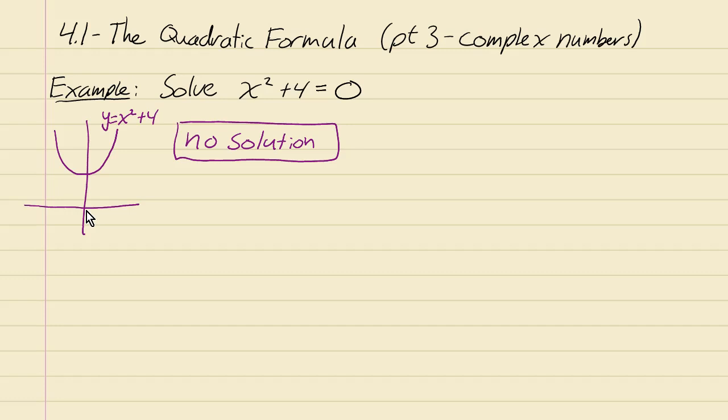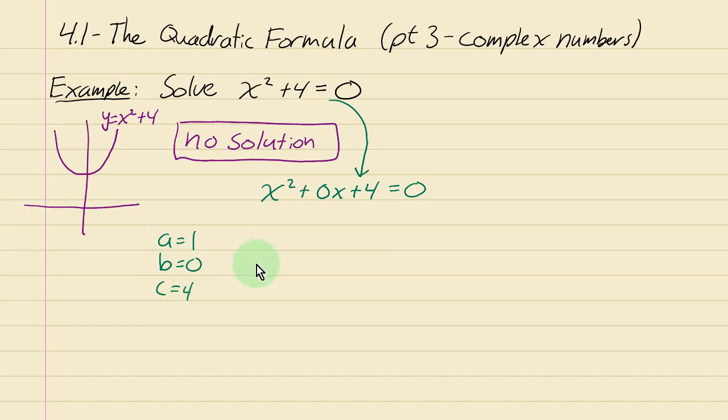But what if we try to use the quadratic formula? What will happen with this? If you do, we could write this as x squared plus 0x plus 4. That way, your value of b is 0. And then we could use a equals 1, b equals 0, and c equals 4.